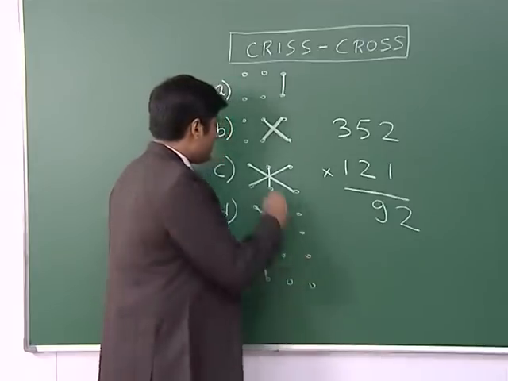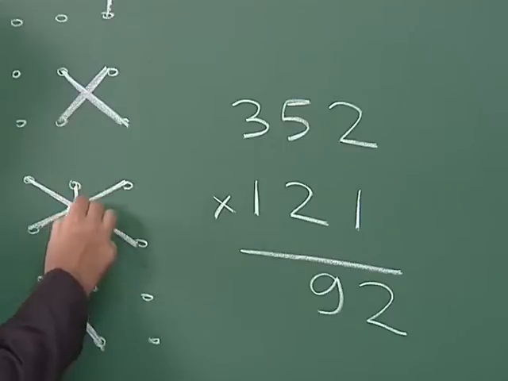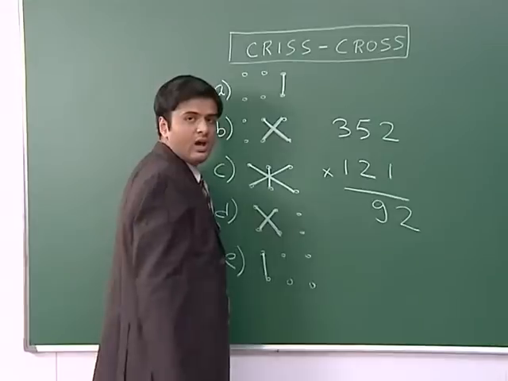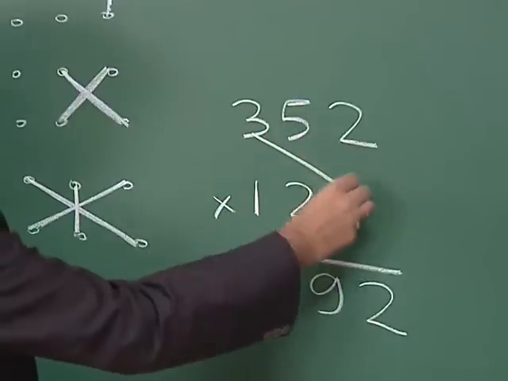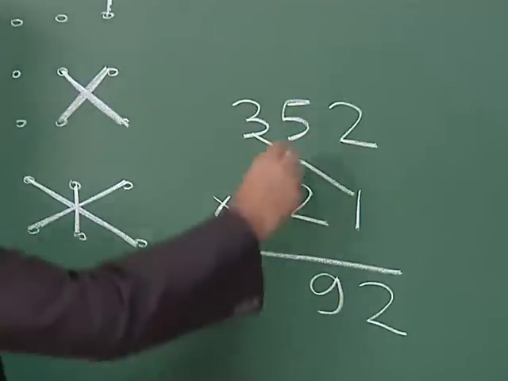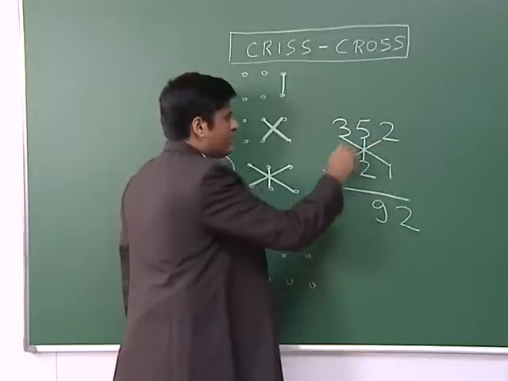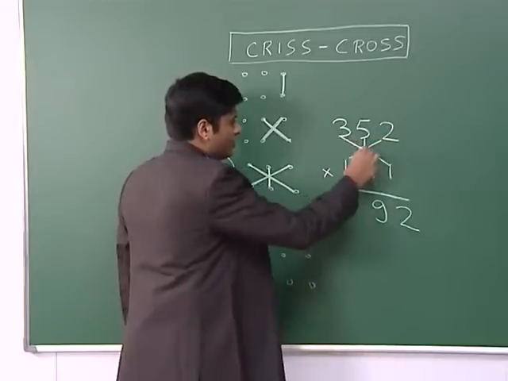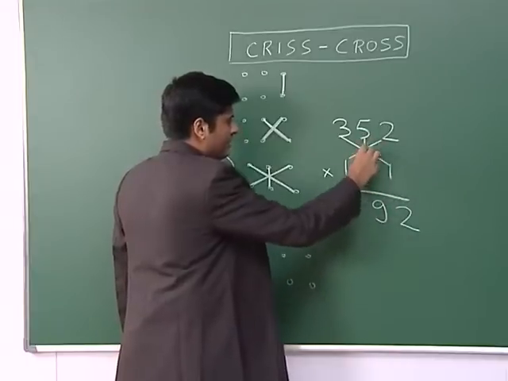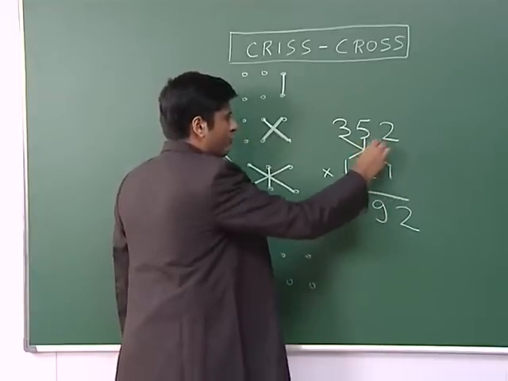Third step says multiply this like this and like this. So it will be 3 times 1 is 3. 5 times 2 would give me 10. 2 ones are 2. So 3 plus 10, 13 plus 2, 15.